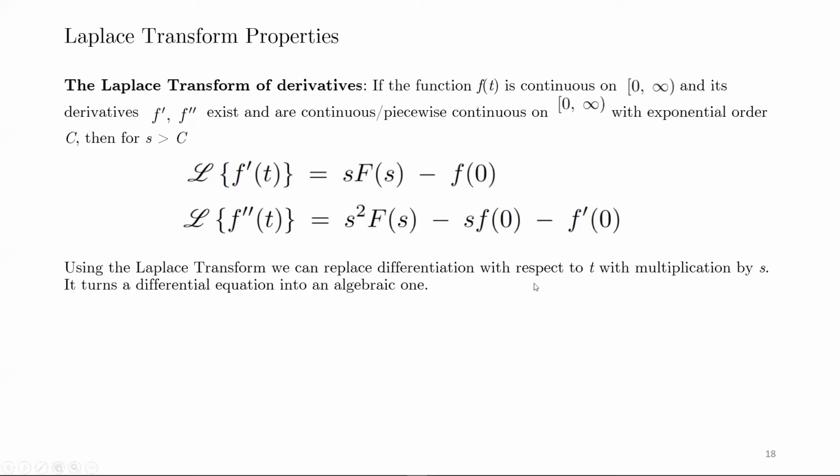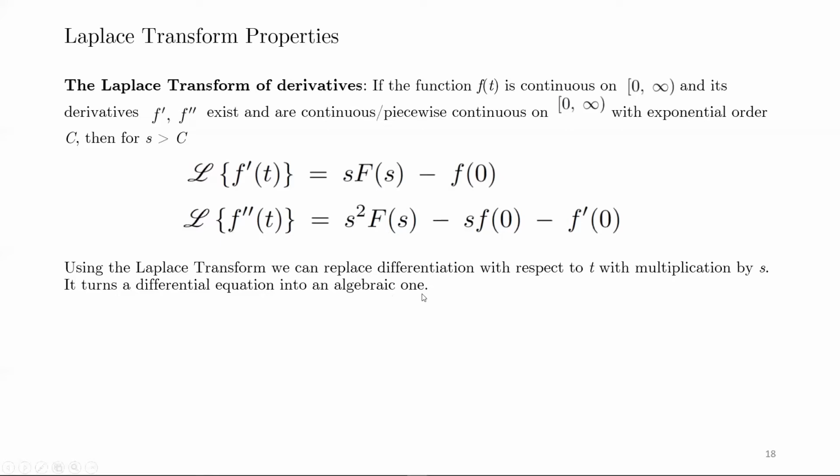So we basically turn a differential equation into an algebraic equation. Okay, so with derivatives here, we've got a differential equation. But if we take the Laplace transform, we turn it into an algebraic equation with respect to s. So it's just s and s squared. But in fact, it's even better than that, right? Because we're actually not even turning a differential equation into an algebraic equation.